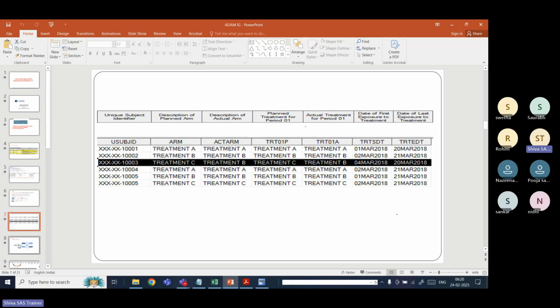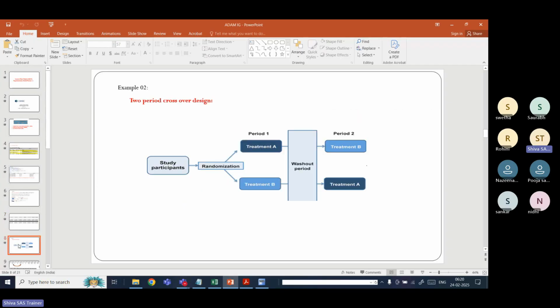Okay. So what is crossover design? In the crossover design, the subject is going to take more than one drug. Okay. So in the first period, first visit, the subject is taking treatment A. Once the period is completed, once the window is completed, we give some washout period to eliminate the drug completely from the body. Then the subject is going to take the other drug. So this is all in one project.